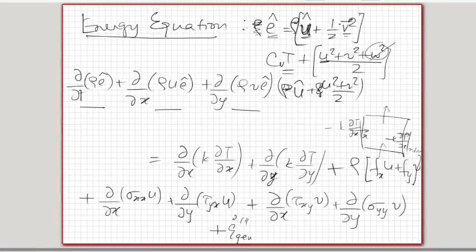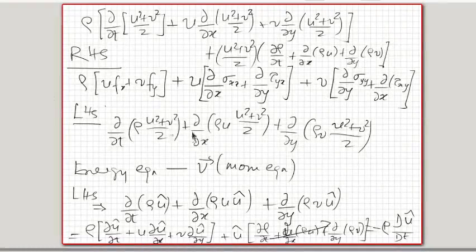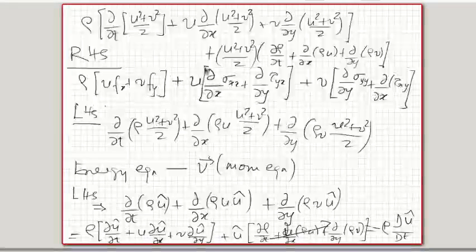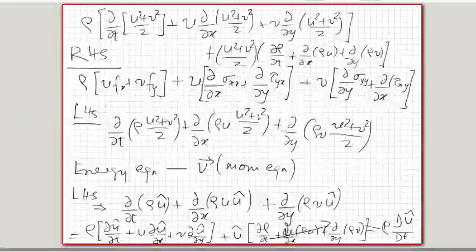So that is the thing that you will get in the equation, because on your right hand side, u fx plus v fy into rho get cancelled out and these terms get subtracted out. So you get sigma xx del u by del x and tau xy del u by del y that will remain in the equation.